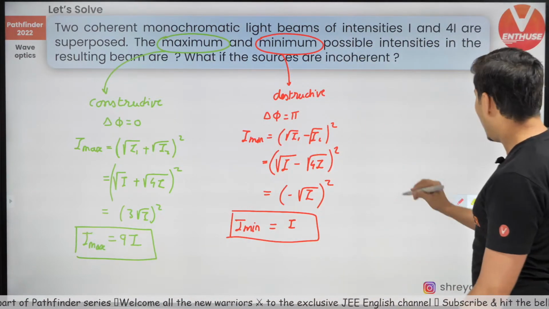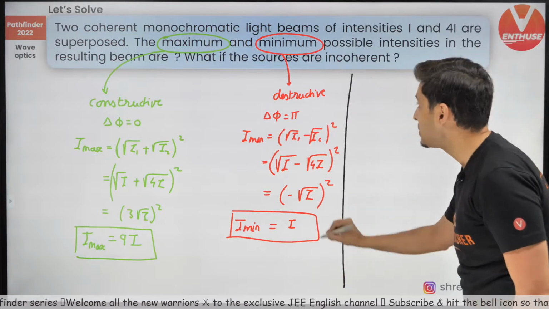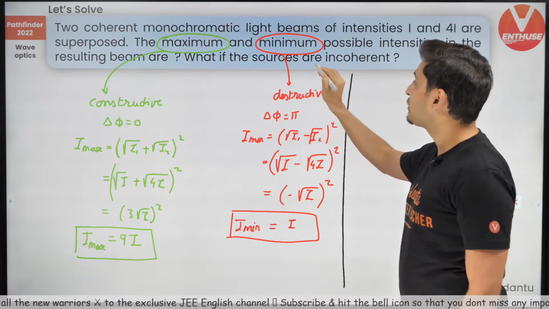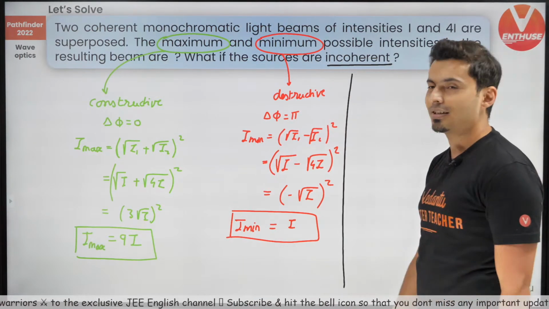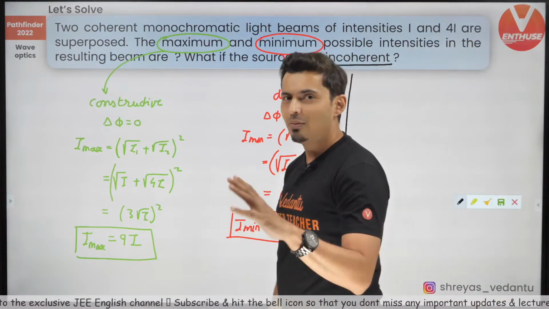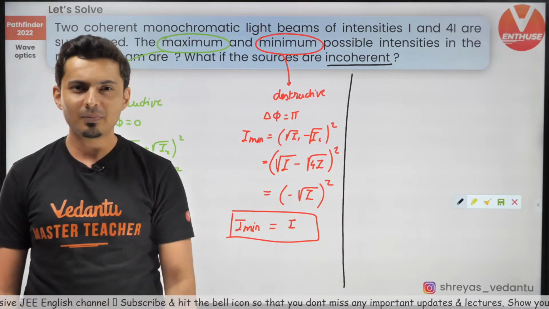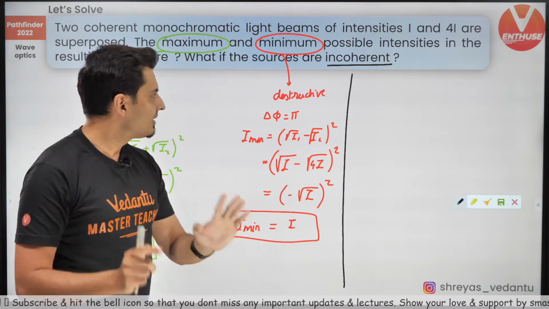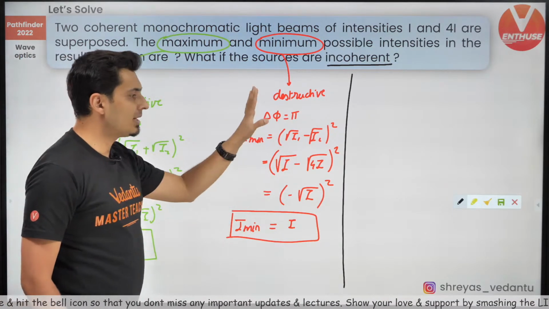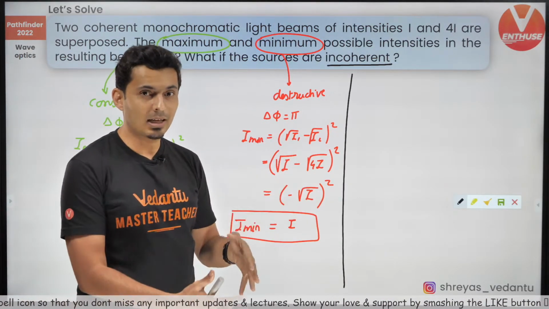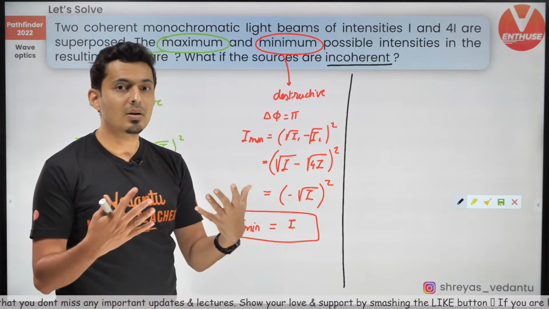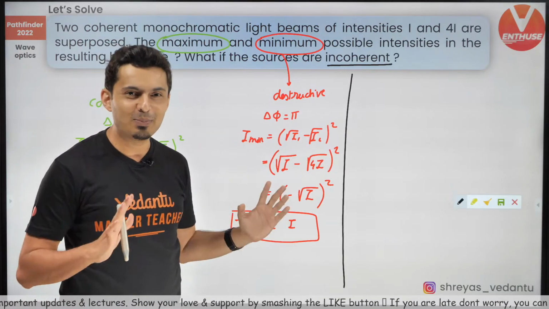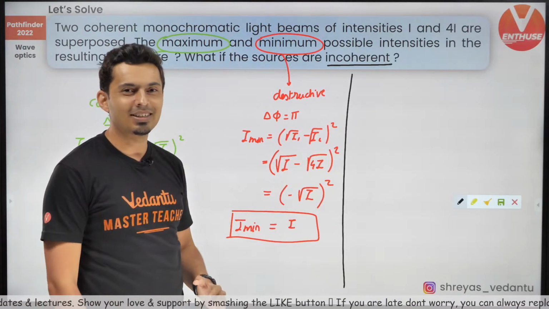Very good. Now let's talk about the last situation, because this is going to be like an advanced question. What if the sources are incoherent? You have not seen the formula for incoherent sources. What to do in that case? I'll teach you the special trick. See, all these formulas are applicable when the sources are predictable, in sync, and they are coherent basically. But when they are incoherent, remember, you cannot use any of these formulas.